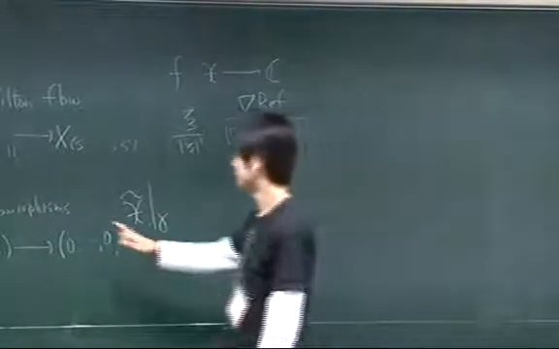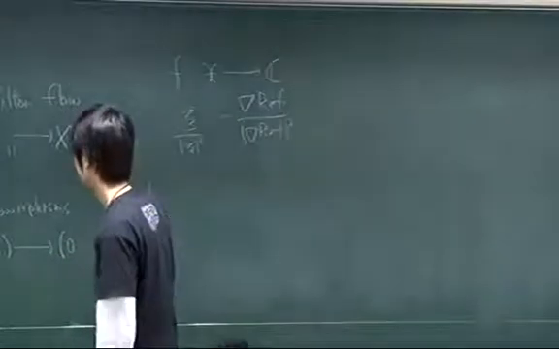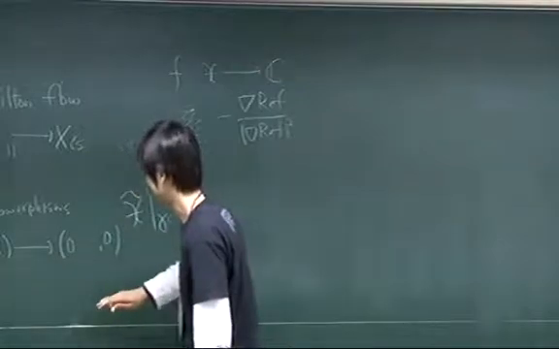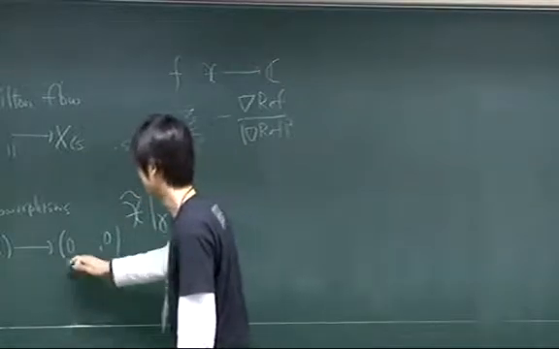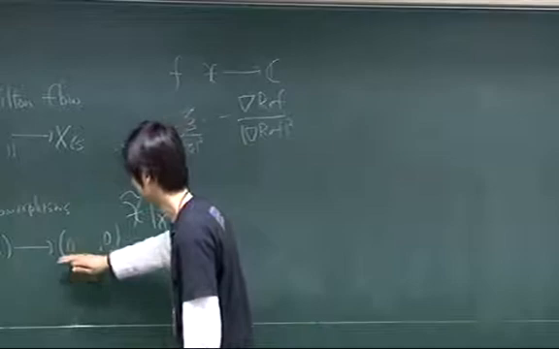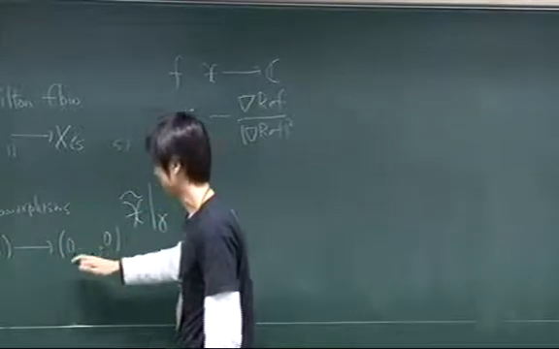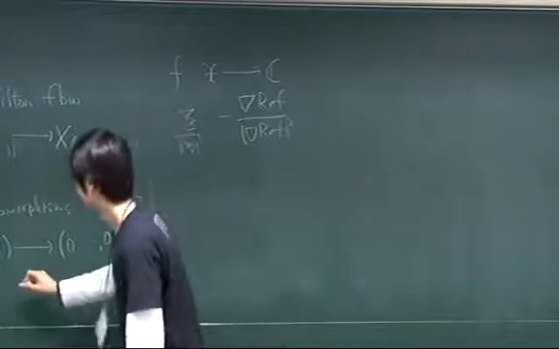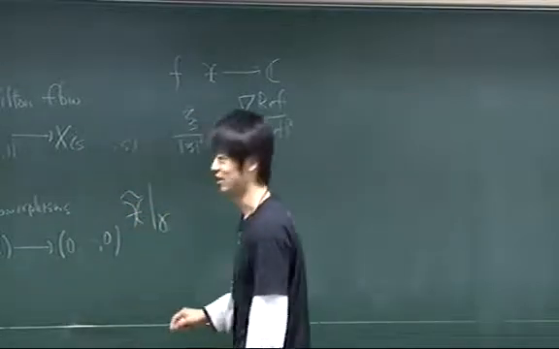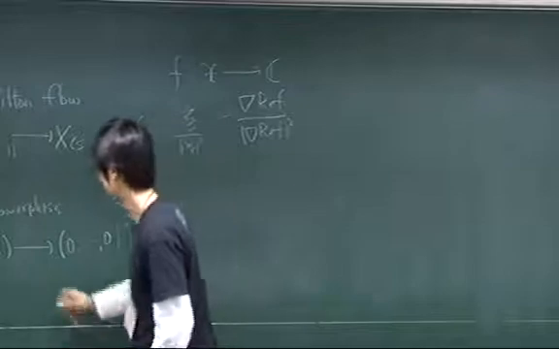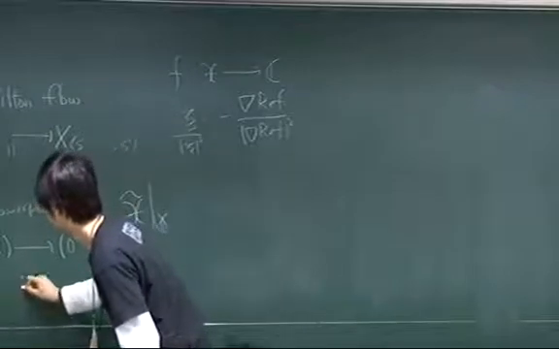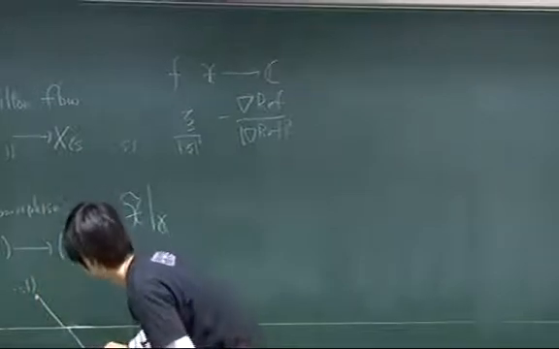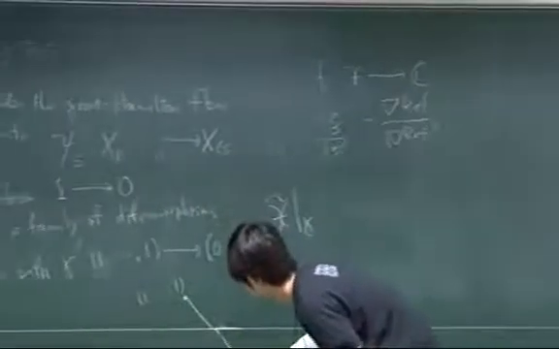A priori, this is defined, though not precise in the strict sense. It is defined only at points where it is non-zero. So there is 1 1 1, and here is 0 0 0.